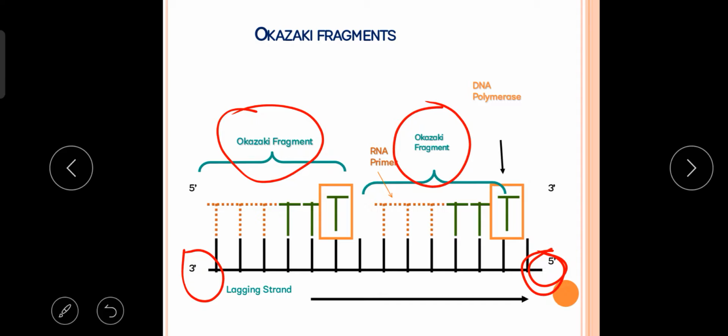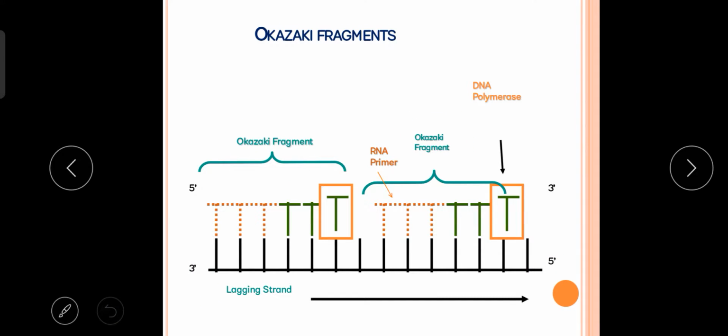Only in this template strand the lagging strand is formed, and in the lagging strand all these are called the Okazaki fragments. That means these short fragments along with the RNA primer are called the Okazaki fragment. This is a very important exam question: what do you mean by Okazaki fragments? Okazaki fragments are short segments of DNA which are formed in the lagging strand.